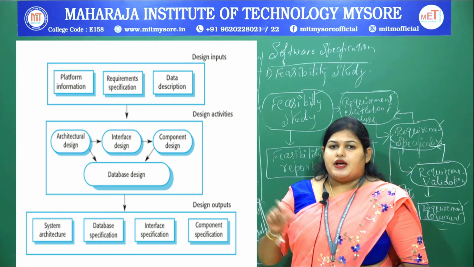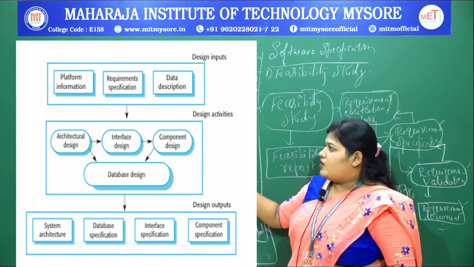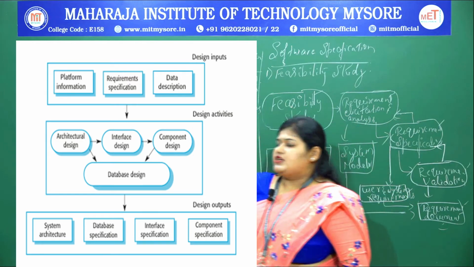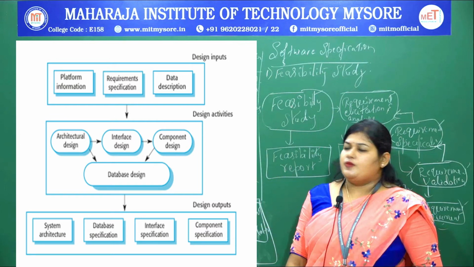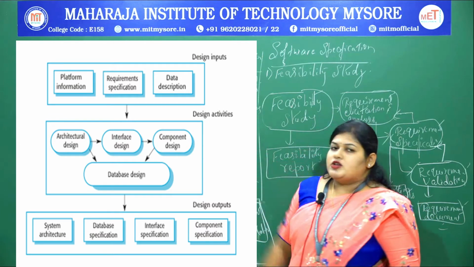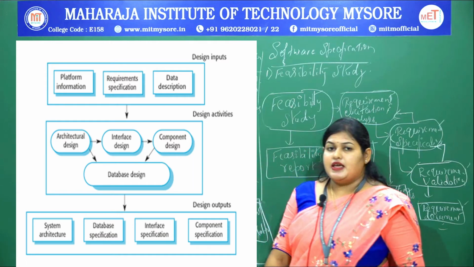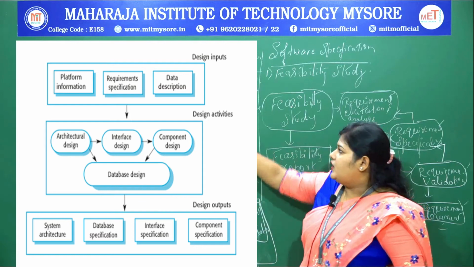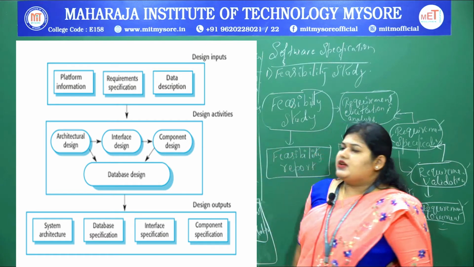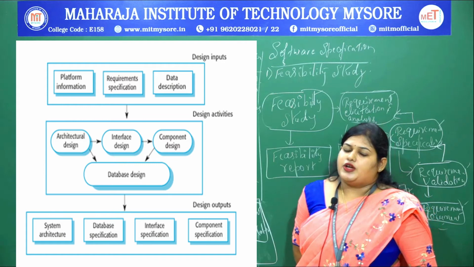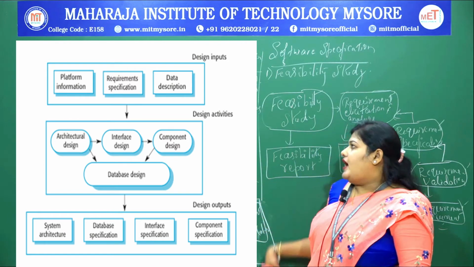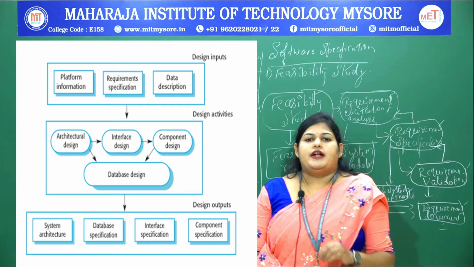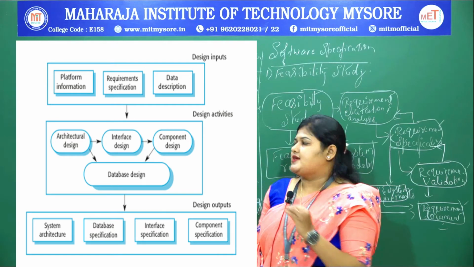The requirements will run on which particular platforms, and where should I build the system? So, the very first input is the platform information. The second is the requirement specification, where from the feasibility study itself we get the inputs, and the third is the data description. Altogether we get an idea of what we are supposed to give as the design inputs and what continues from them.